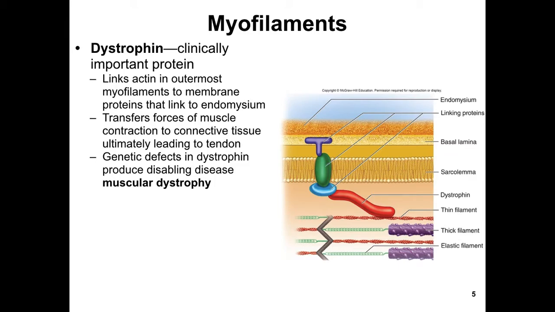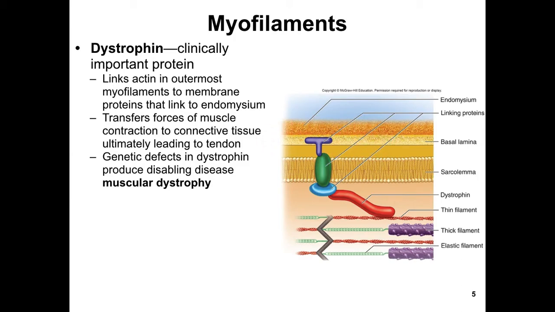Remember that endomysium is the connective tissue that surrounds the muscle fiber, and that endomysium will eventually blend together with all of the other perimysium and epimysium, and that will make the tendon. So this is the protein that connects the contracting sarcomere to the connective tissue surrounding the cell.